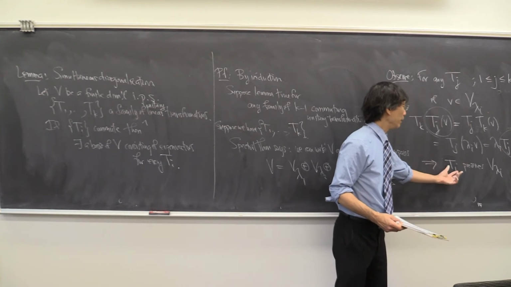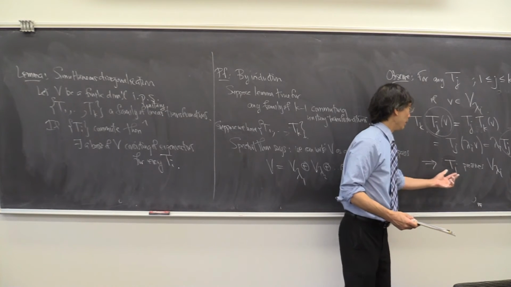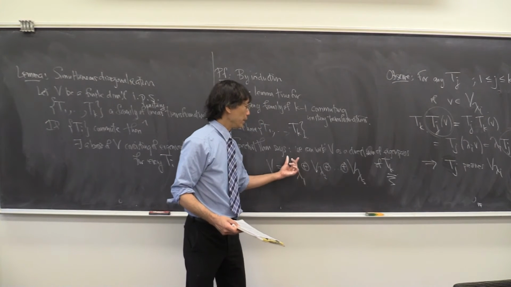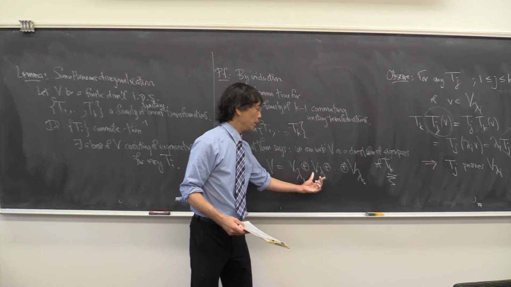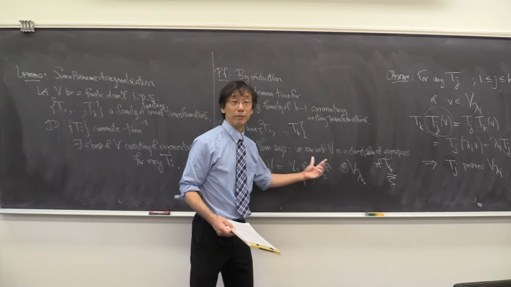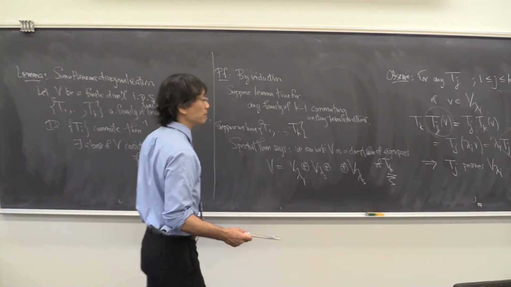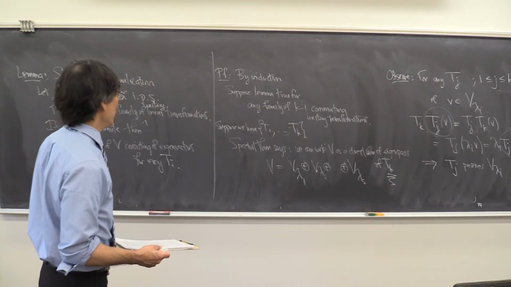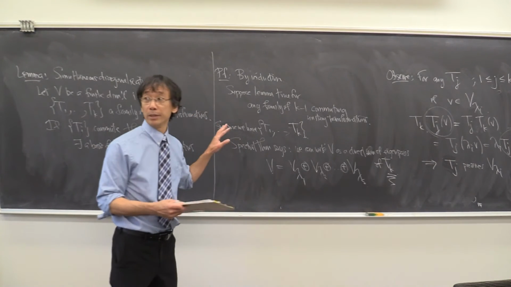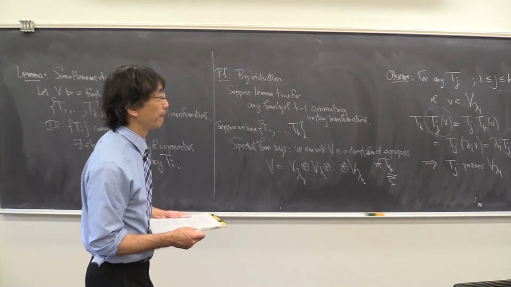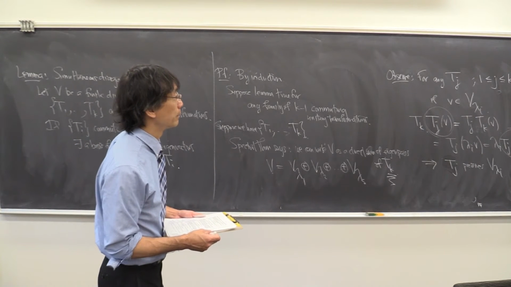Okay, so when we look at Tj's behavior on V, each of these components is invariant under the earlier guys. Is that okay? Sorry, why do we know that Tj v is in the eigenspace?